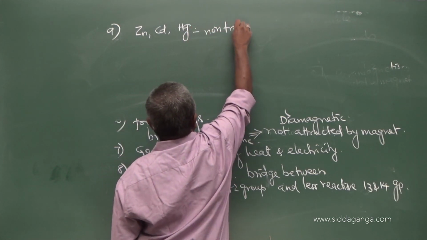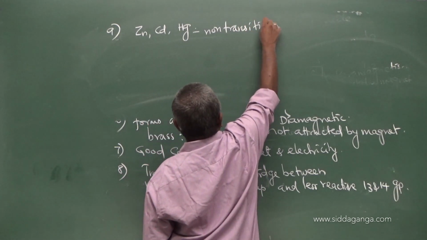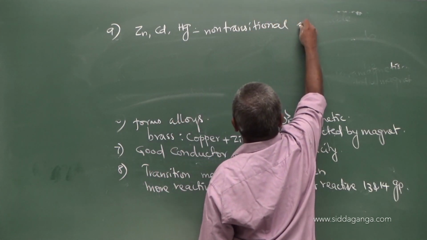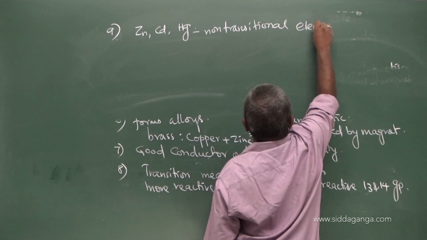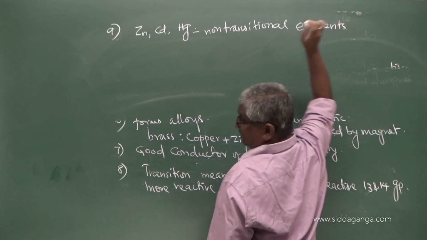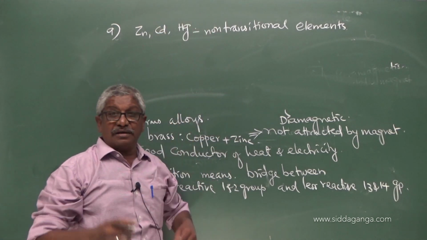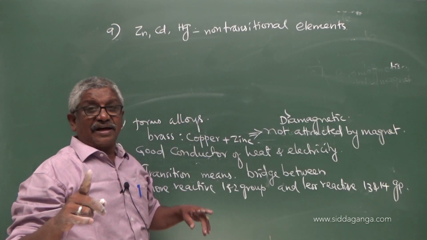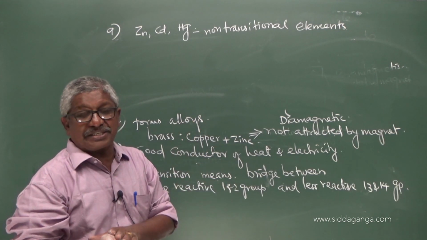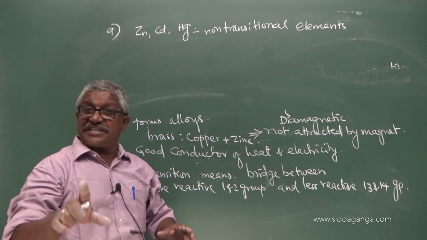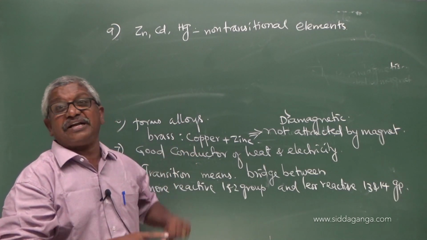non-transitional elements. The reason is the last electron of the d orbital is not filled in the ionic state and in the atomic state, but still the properties are similar to other d block elements.